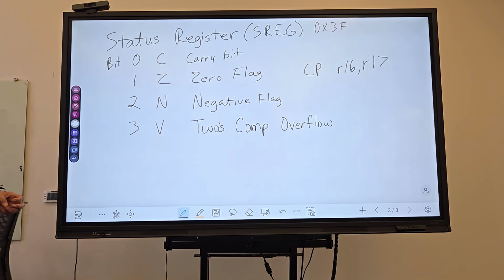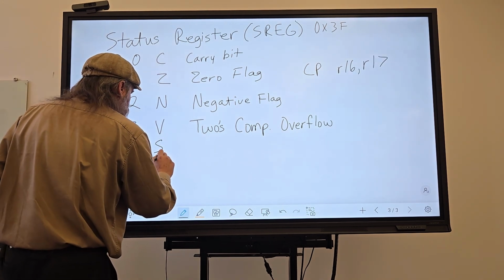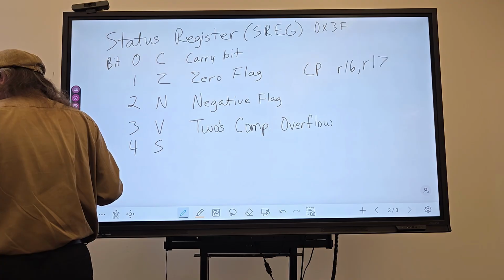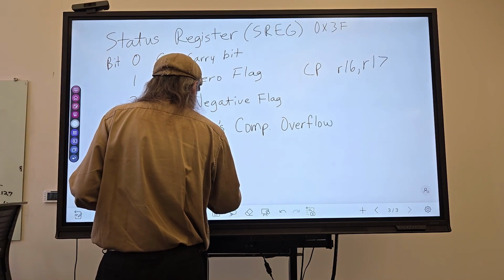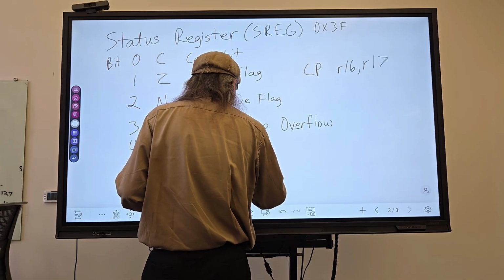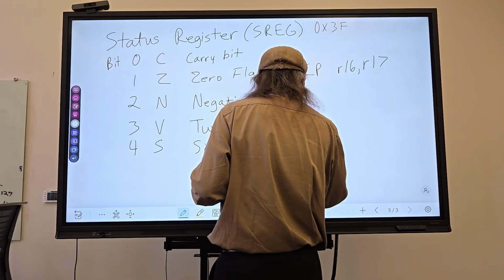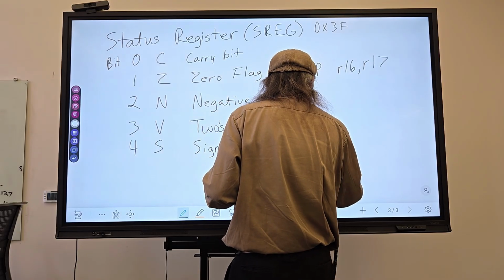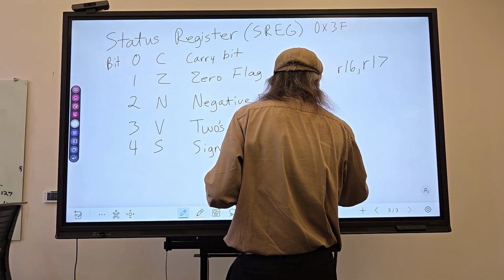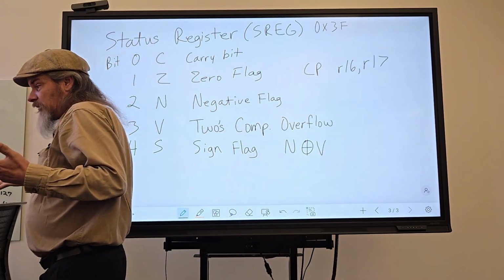The sign bit, or the sign flag, is N exclusive OR with V. Now what does that mean?